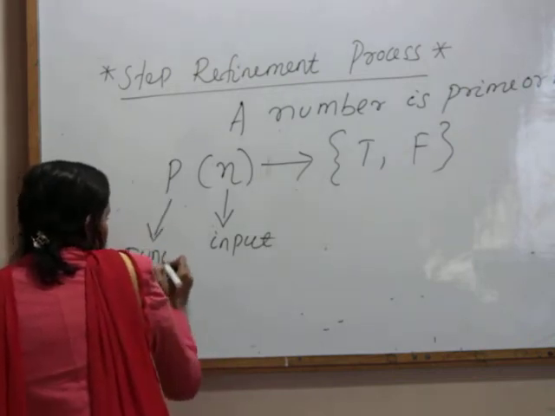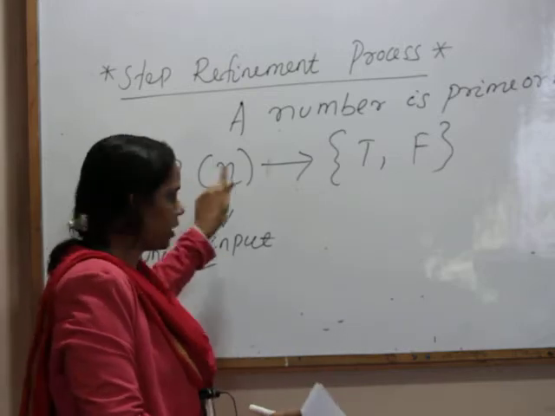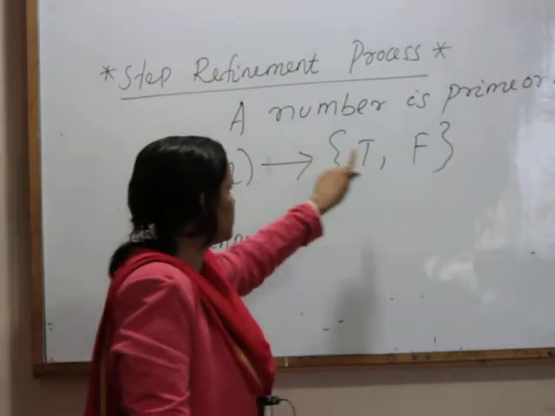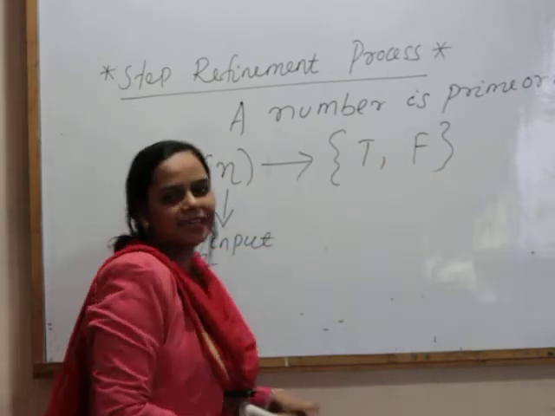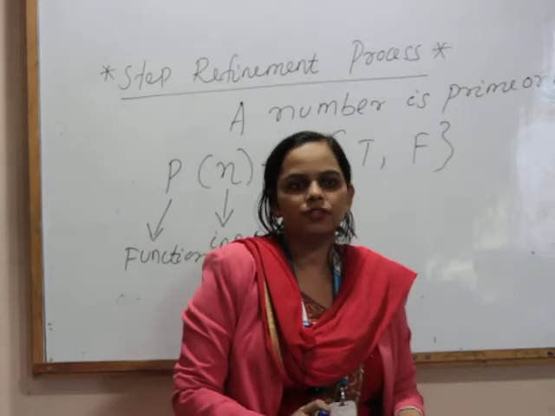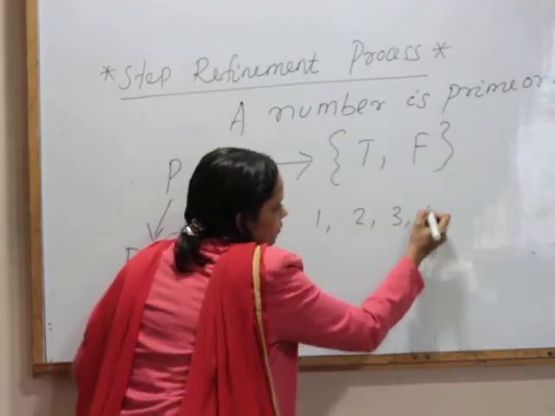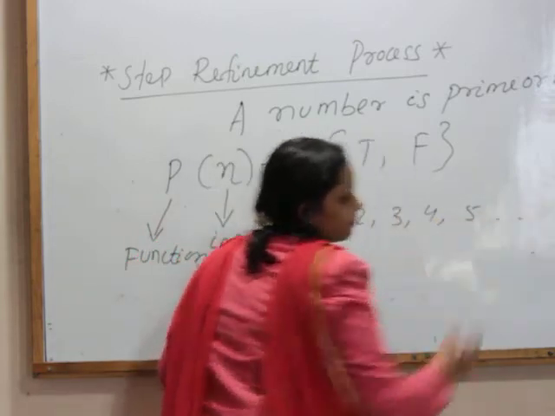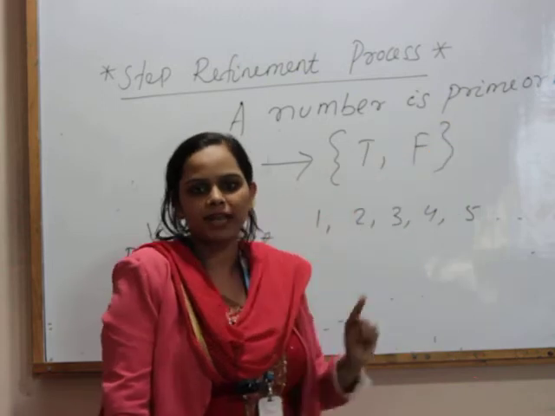Here n is the input and P is the function, meaning you are applying the P function to the n input and finding out whether it is true or false. Let's start. Whenever we say a number is prime or not, first we can think about numbers like 1, 2, 3, 4, 5, 6. Prime means the number which is divisible only by 1 and itself.